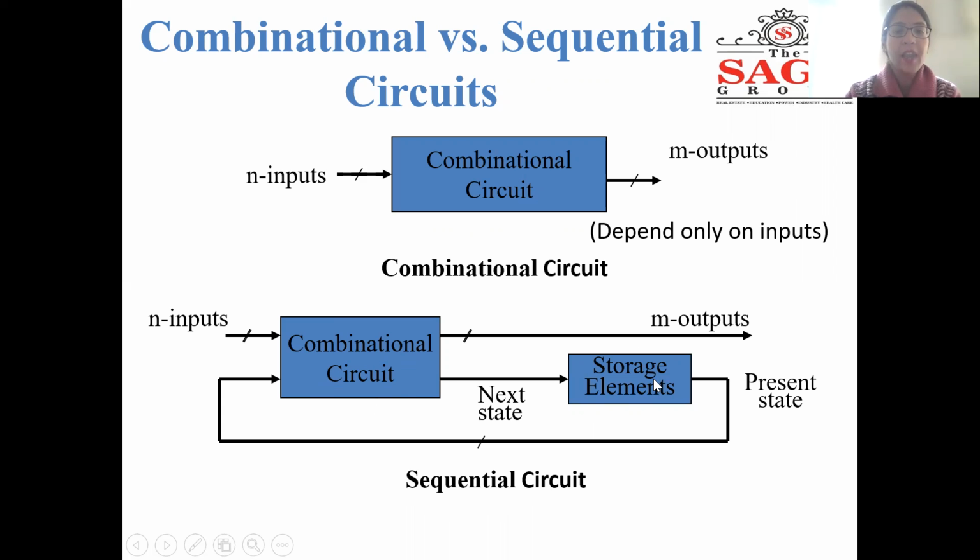Or we can say that a sequential circuit is a type of circuit whose present output is dependent on present inputs as well as past outputs. To store the past output, you need storage elements, also known as memory elements. A flip-flop is one of the best examples of a memory element in a sequential circuit.